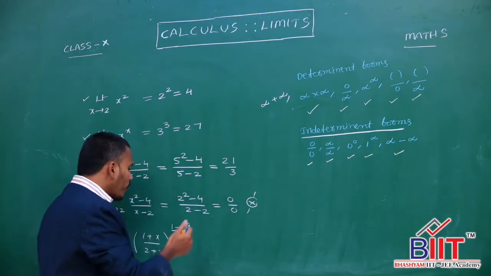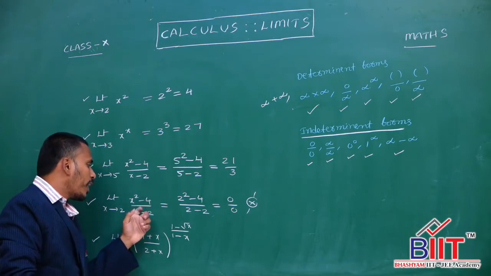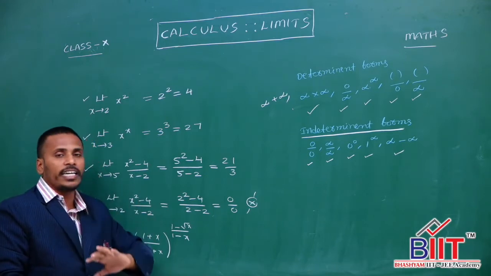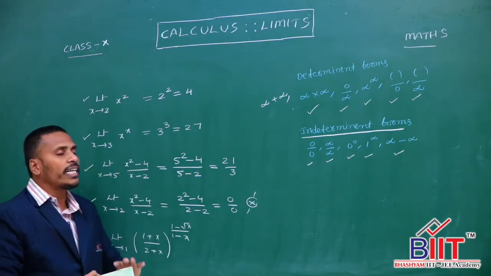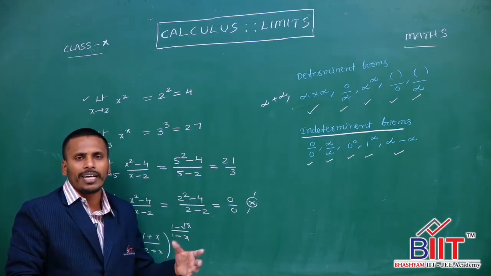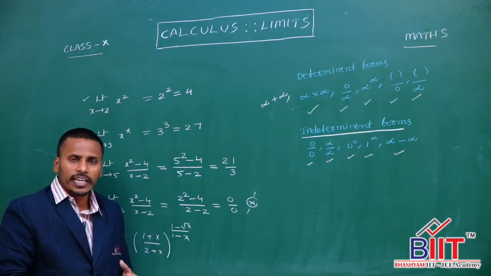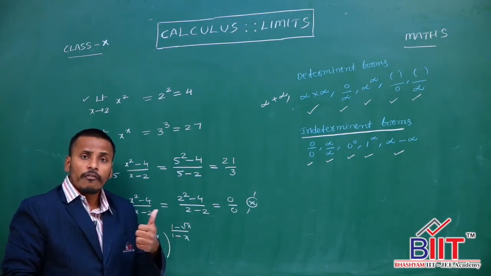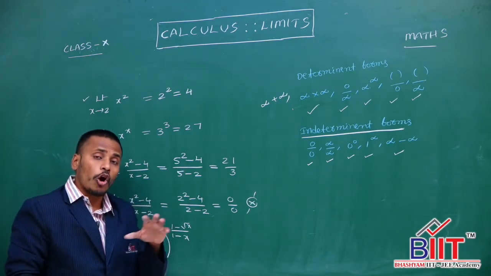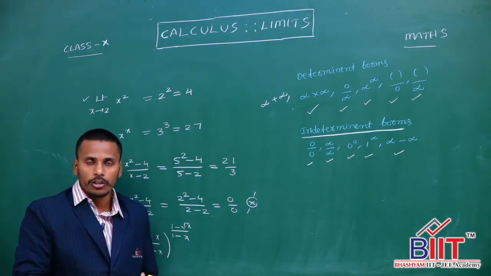Now, when you look at this particular problem, limit x tends to 2, (x square minus 4) by (x minus 2), when you replace x with 2, your answer is 0 by 0, which is indeterminate. To avoid this indeterminate form, we need to use our logic and certain mathematical techniques, like factorization, rationalization, simplification, certain geometrical ideas, trigonometric ideas, and certain calculus ideas also.